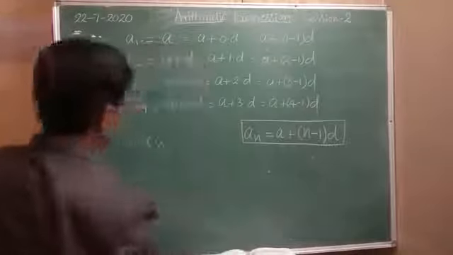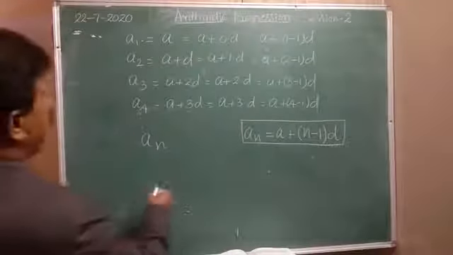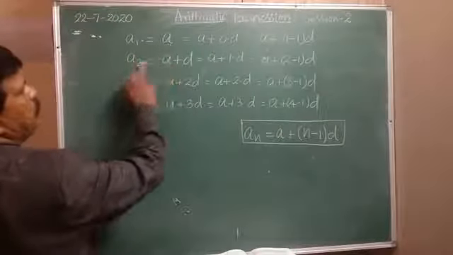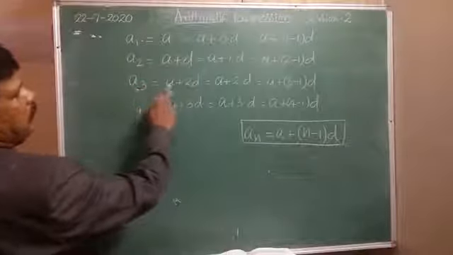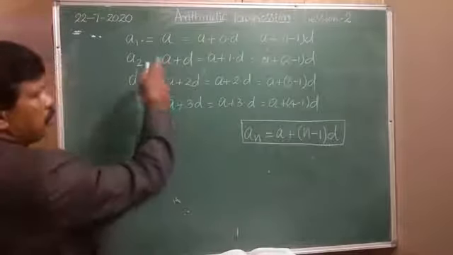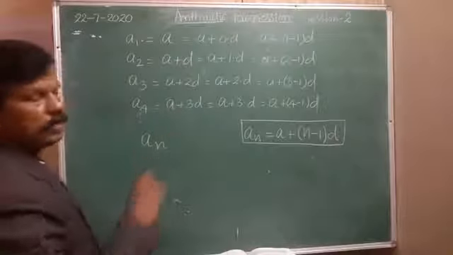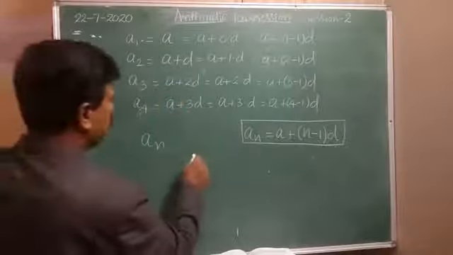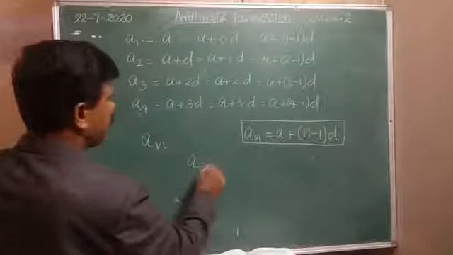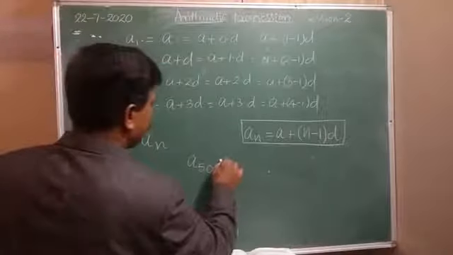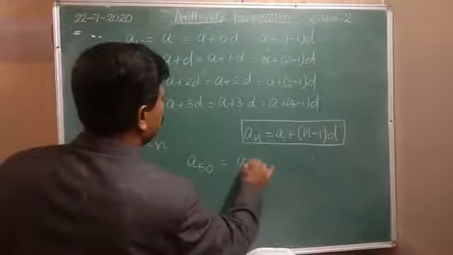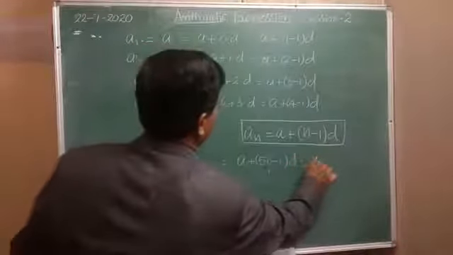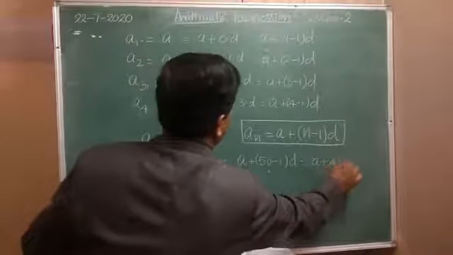So look at this. Observe this. The nth term is this one. So a1 is a, a2 is a plus d, a3 is a plus 2d, because we use this pattern in solving problems. So be careful here, observe this and practice that. Now for example, a50: how do we write this? a50 equals a plus 50 minus 1 into d, that is a plus 49d.